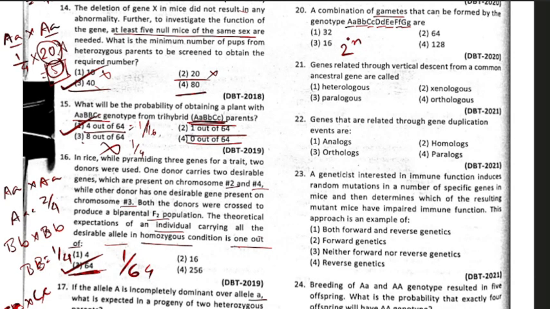If you want to check how many types of gametes could be produced from a genotype, you can use this formula. Here 7 heterozygous are there, so 2 to the power 7 means 128. So 128 types of gametes could be produced here.